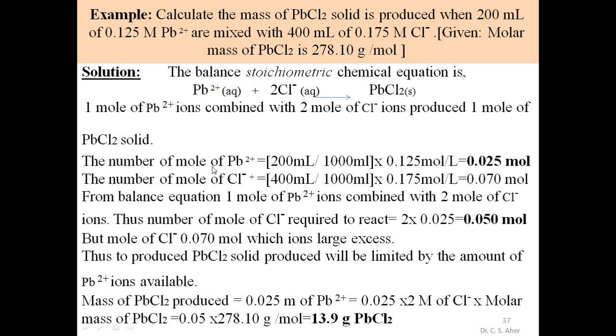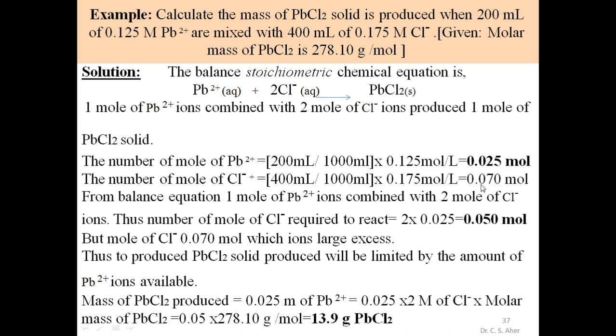In this case we convert the volumes into the actual number of moles of ions. The number of moles of lead 2 plus is 200 ml divided by 1000, multiplied by 0.125, which gives 0.025 moles. Number of moles of chloride ion is 400 divided by 1000 times 0.175.